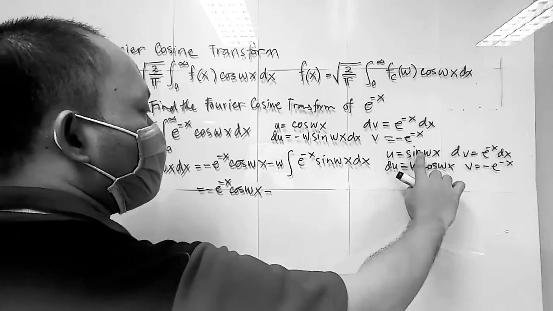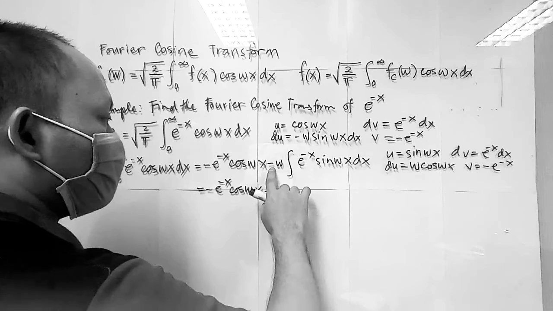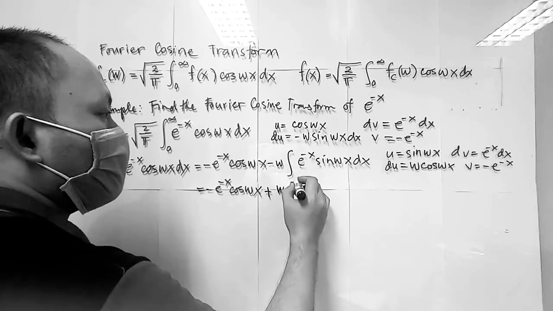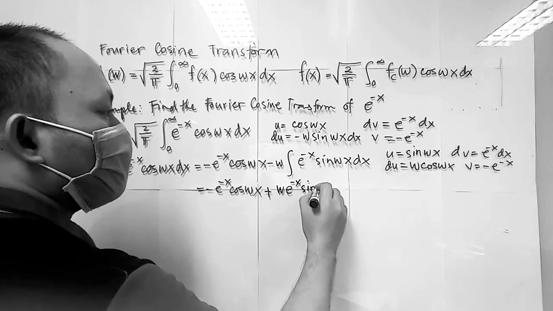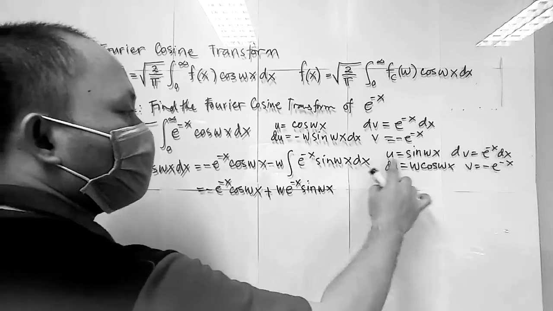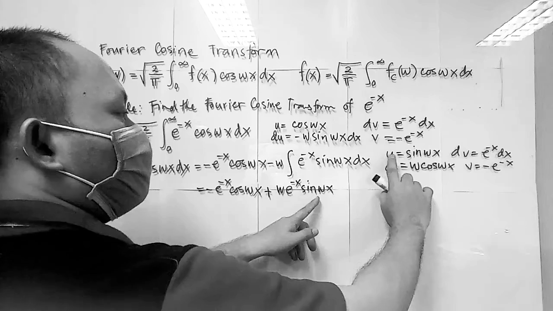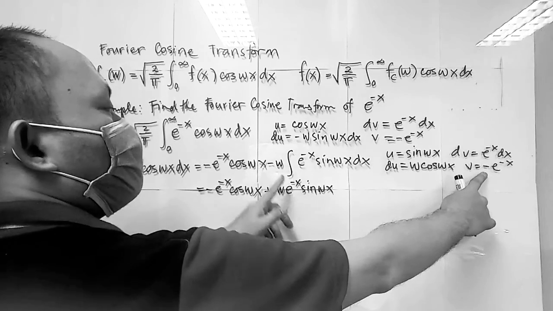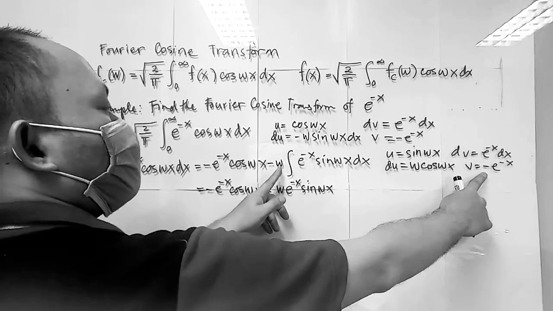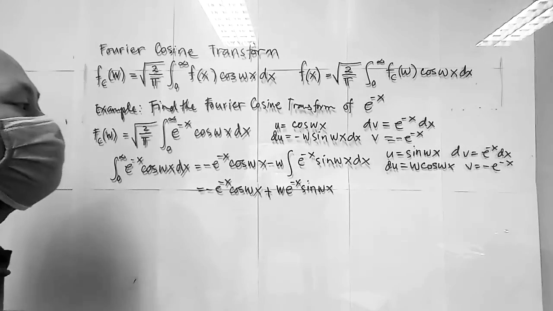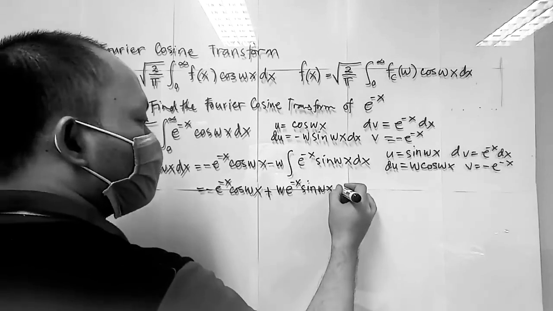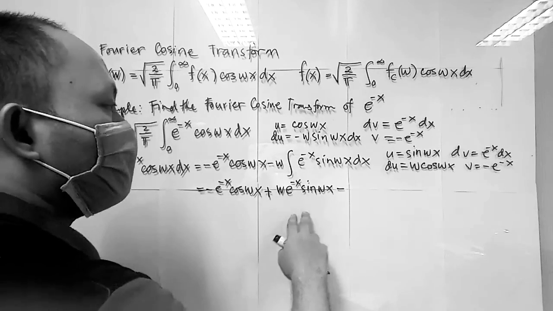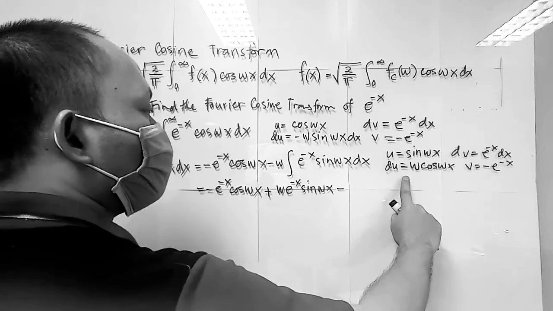Negative times negative is positive, w e negative x sine wx. Then minus the integral of v du.